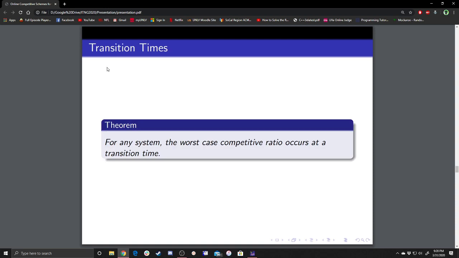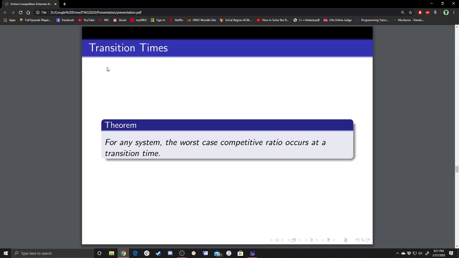This theorem tells us that in the worst case, the competitive ratio is going to happen at the transition time. The idea is, let's say a copy machine, for example. Somebody turns it off, and right when you turn it off, somebody wants to use that copy machine. That's the worst case scenario.